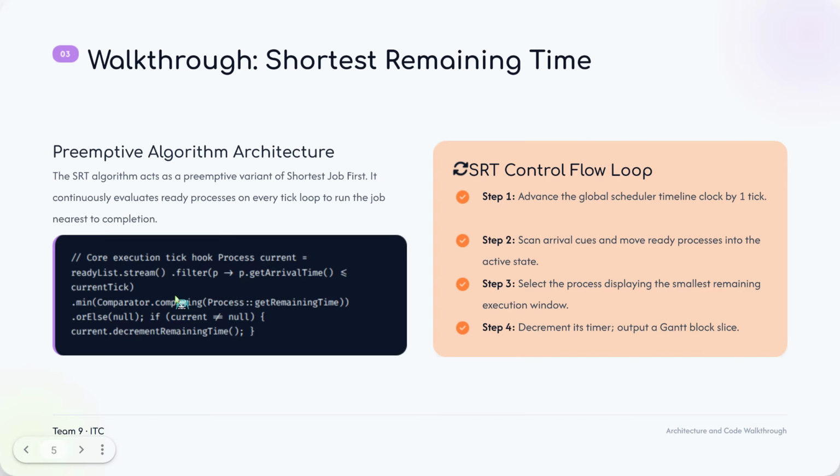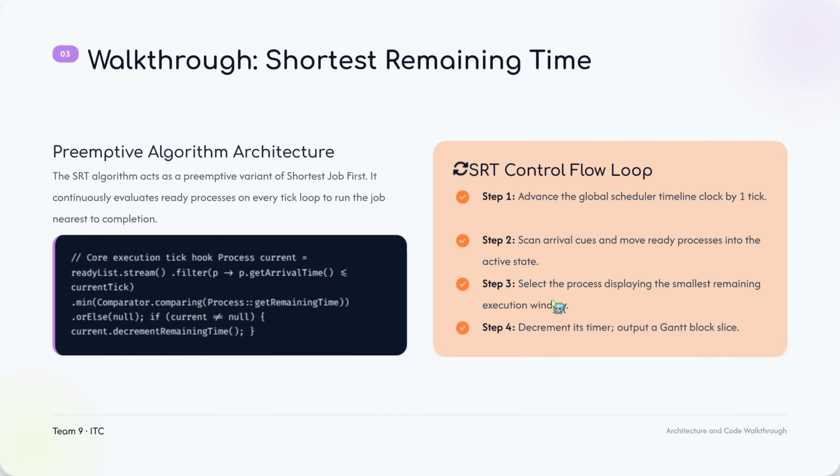Inside this code, we execute a strict four-step loop on every cycle. In the first step, we advance the global scheduler timeline clock by 1 tick. In step 2, the system scans for any arrivals and moves the ready process into the active state where it will be running.